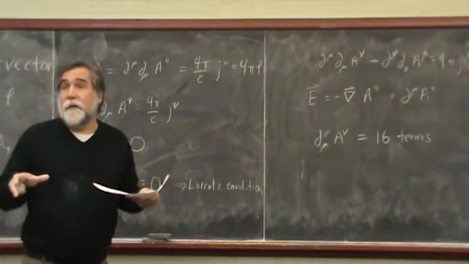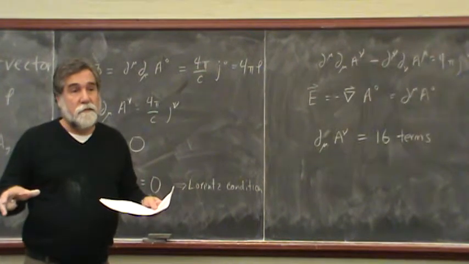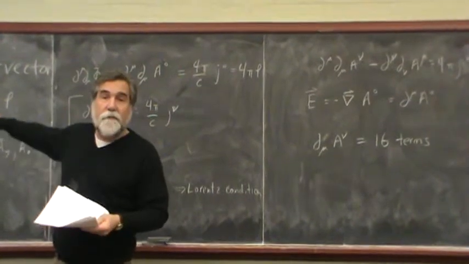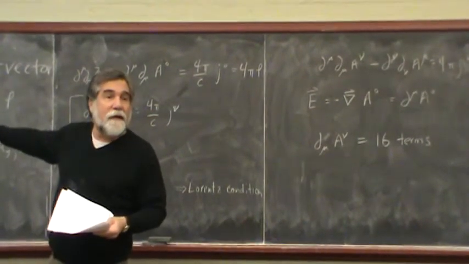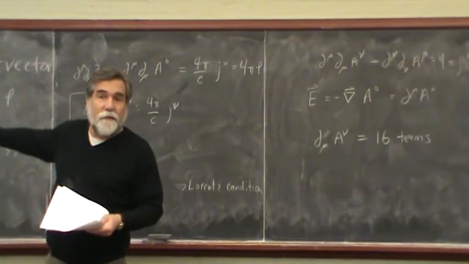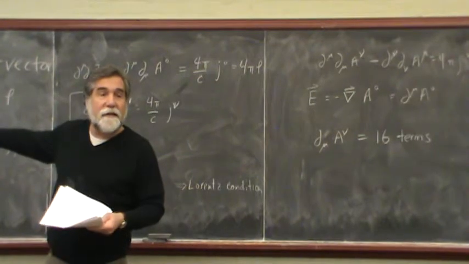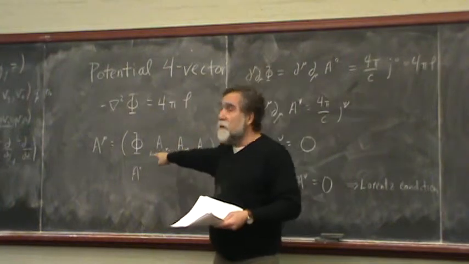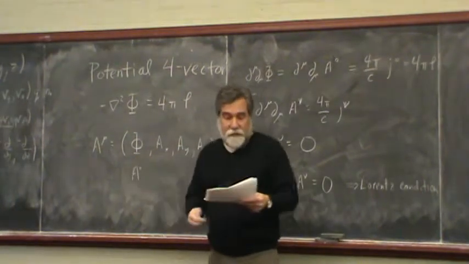Some of the terms we already know, they're going to be the electric field. But there are a whole bunch of other terms which are the derivatives of those unknown A1, A2, A3. I didn't tell you what they were. The only one that we know is that one, and that one's got to produce the electric field.